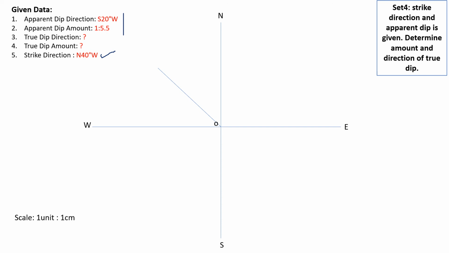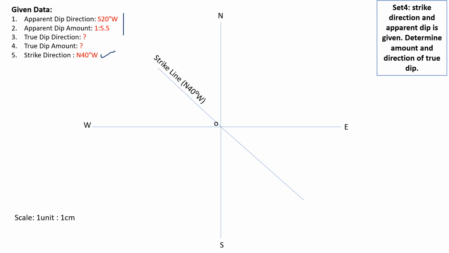From the previous problem, we have seen that strike direction always has two directions, one with respect to north and another with respect to south. They are opposite. So here we have north 40 west, which means we can extend this line towards the south as well, with south 40 east. I'll draw south 40 east as well. Now we have a straight line.